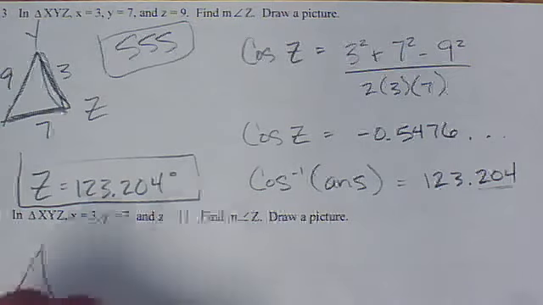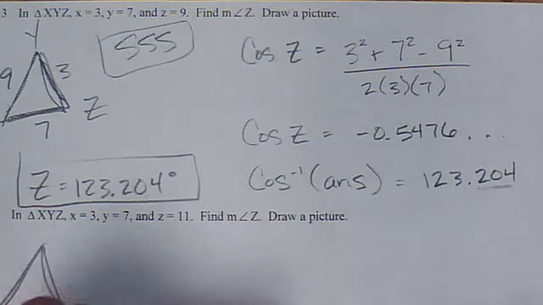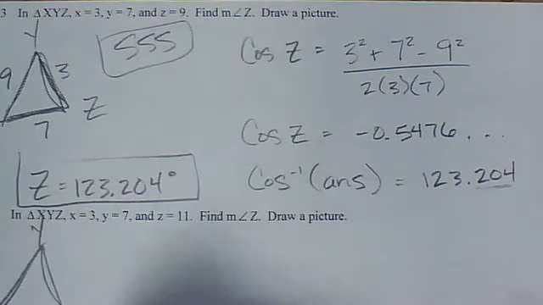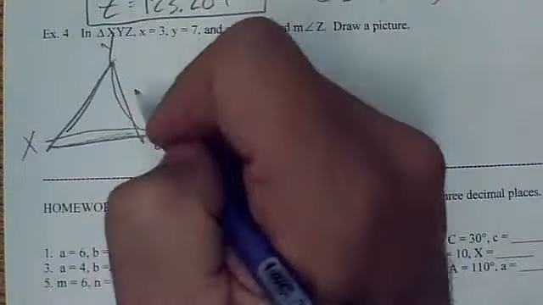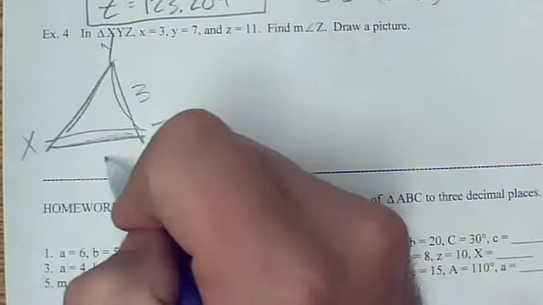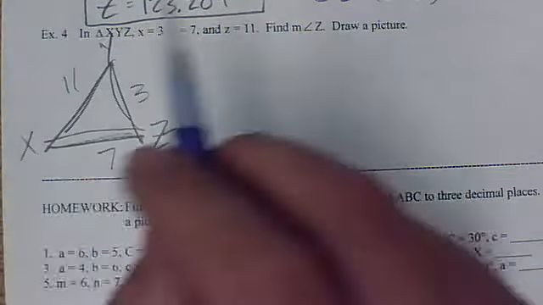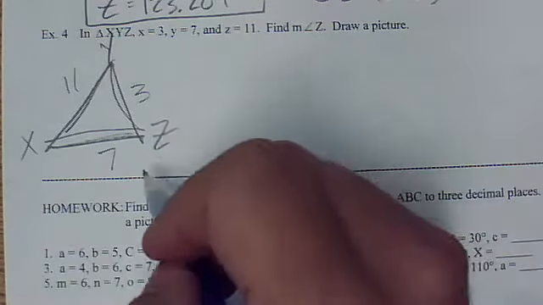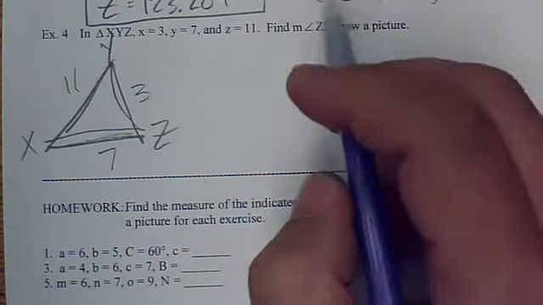Now this last one, I'm not going to work through the whole thing, but I want to show you that if you have triangle XYZ, with sides 3, 7, and 11. Okay, very similar. But if you plug the formula into your calculator, you'll get no solution.